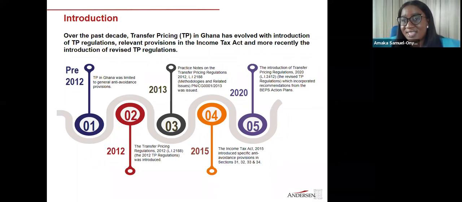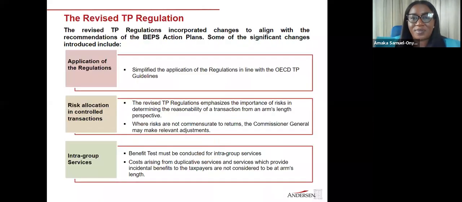So what are some of these changes? To start off, the revised regulation aimed to simplify its application. The 2012 TP regulation was very broad, and it included various arrangements, including arrangements between an employer and an employee. So if an employer, for example, should give a car loan to its employee, the regulation requires you to test that type of transaction, whether it's reasonable from an arm's length perspective.